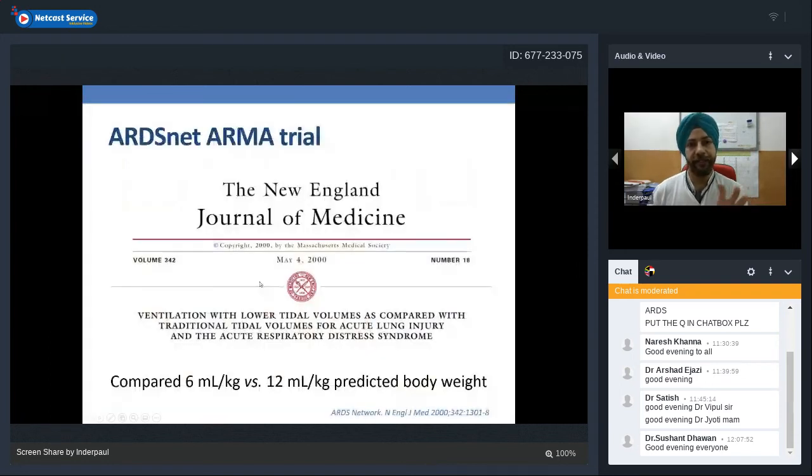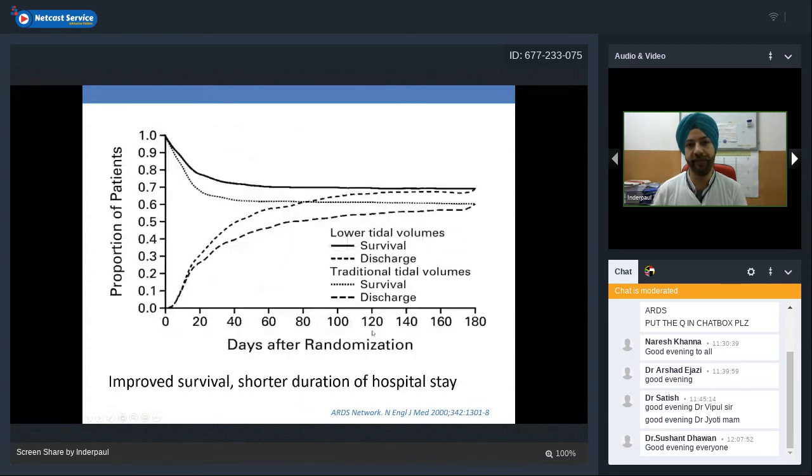So not only is there a physiological rationale behind using low tidal volume strategy, we also have a wealth of evidence which tells us that using a low tidal volume strategy is actually beneficial. And this is the landmark trial, the ARDS ARMA trial, which compared the 6 ml low tidal volume strategy with high tidal volume strategy, and what they showed was that using the low tidal volume strategy not only improved survival, but it also reduced the hospital stay.